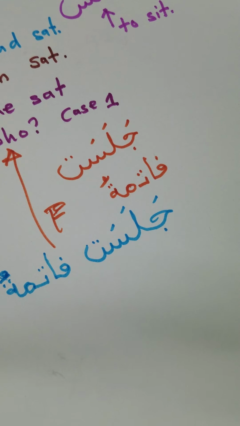Fatuma sat. You have to write she sat, Jalasat. Then you put the name, who. That is the procedure.